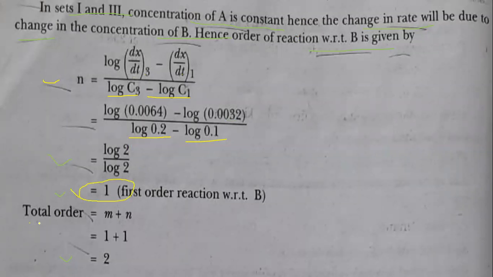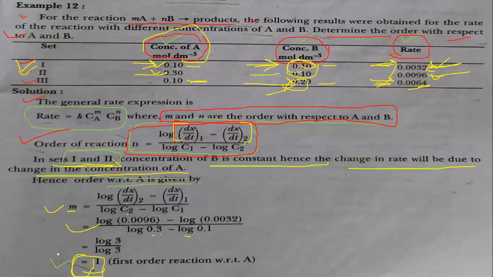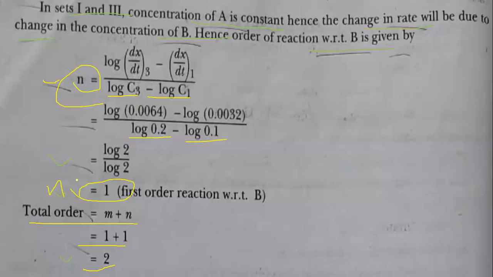So the total order is m plus n, that is 1 plus 1. Here this is the value of m, and this is the value of n, which is equal to 1. So making the sum of this one and this one, you will get the total order as 2.